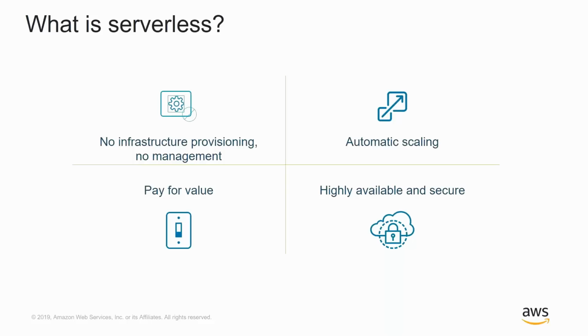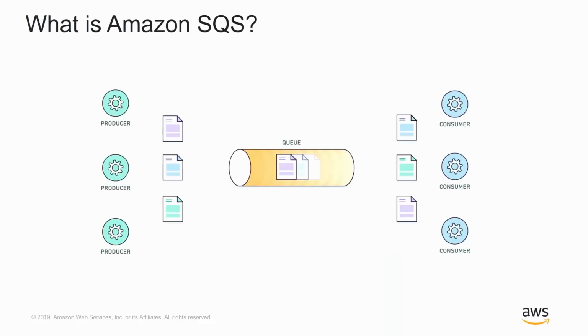So let's look at the first of the two serverless services we're going to talk about today, and that is Amazon SQS. It's one of the oldest AWS services that we offer to our customers, and it is a messaging component, a queue to which you can send messages, and the systems that send messages to the queue are typically called message producers.